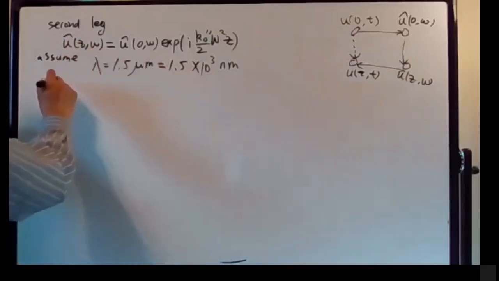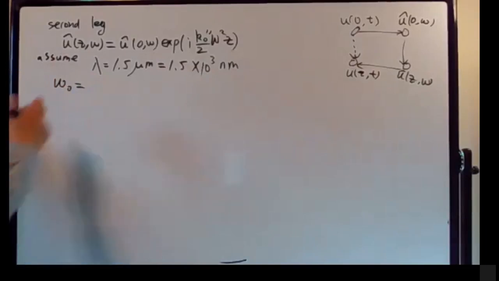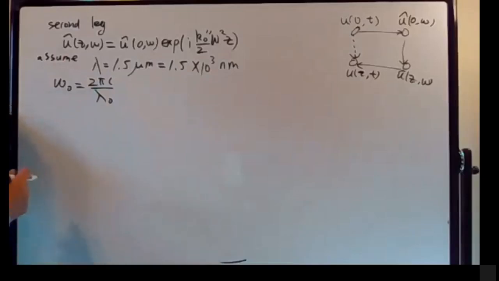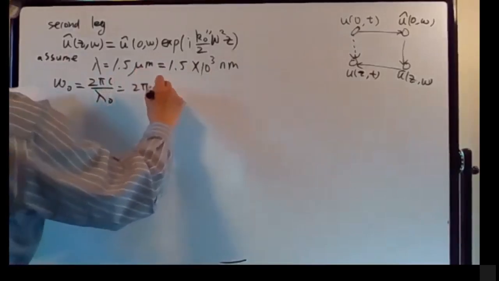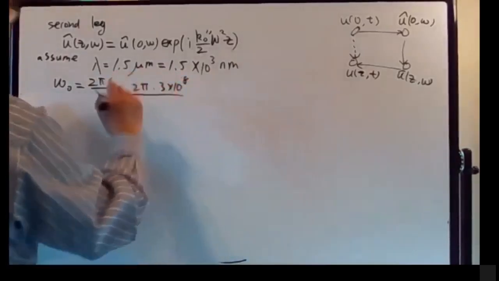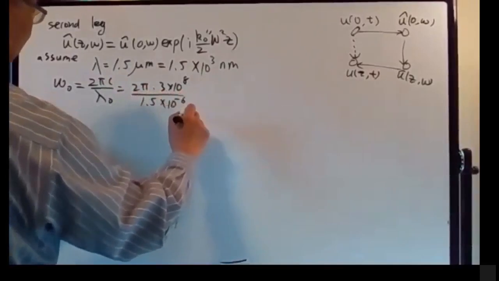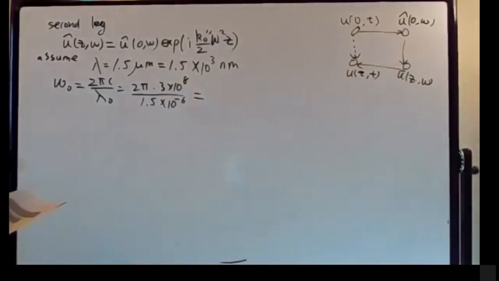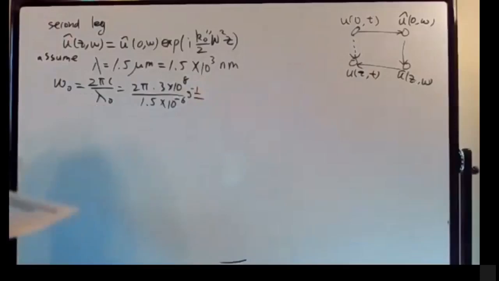That's why people use 1.5 micron. Okay, now let's look at omega naught, right? This is lambda naught, and this is the omega naught. We calculate 2 pi c over lambda naught. So it's 2 pi times c, 3 times 10 to the 8th, and then lambda naught is 1.5 times 10 to the -6. I'm going to use all standard units, so at the end it's inverse second.